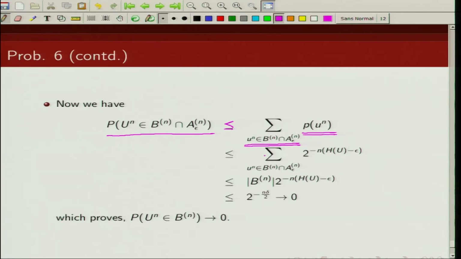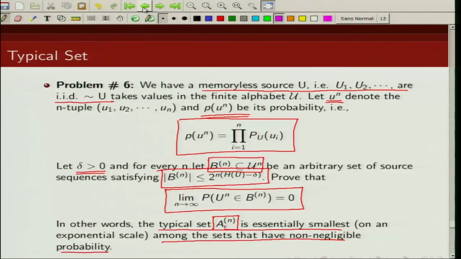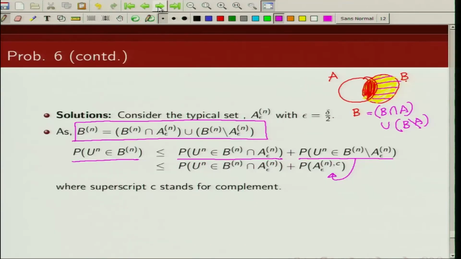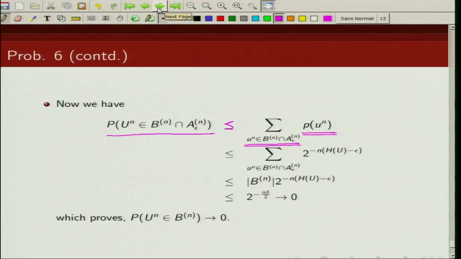Now the cardinality of B^n, if you go back, is less than 2 raised to the power n H(U) minus delta. The probability can be upper bounded by 2 raised to minus n H(U) minus epsilon, summed over this particular set.